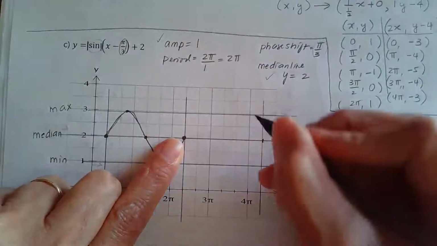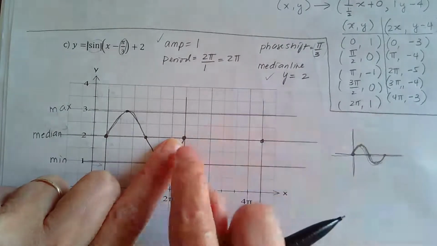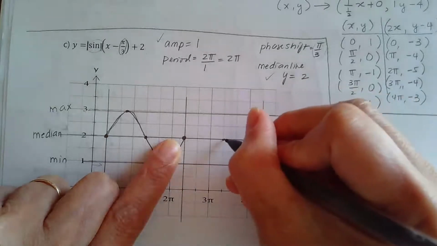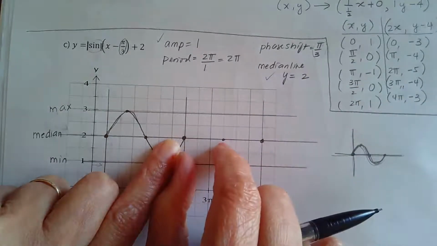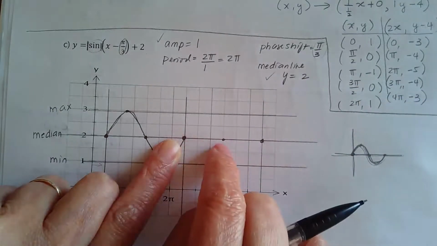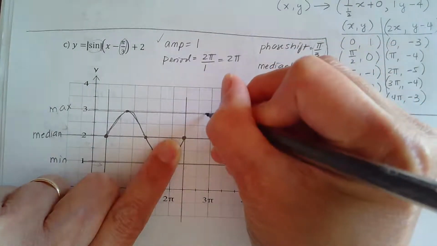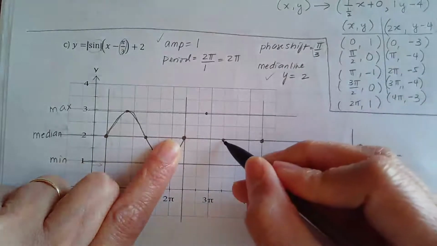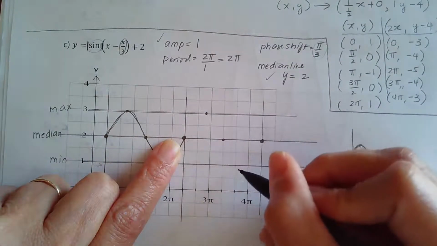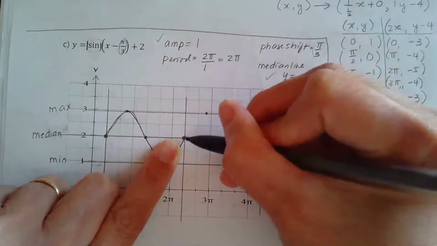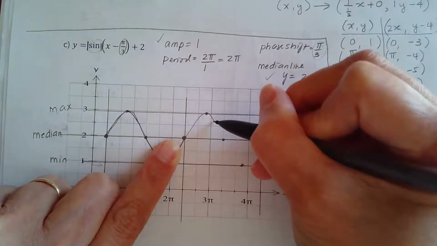So median to median. It starts in the median, ends in the median. In the middle is a median. Between the first and the middle here is the maximum. Between these 2 points, that's where the minimum is going to be. So our graph would look like this.